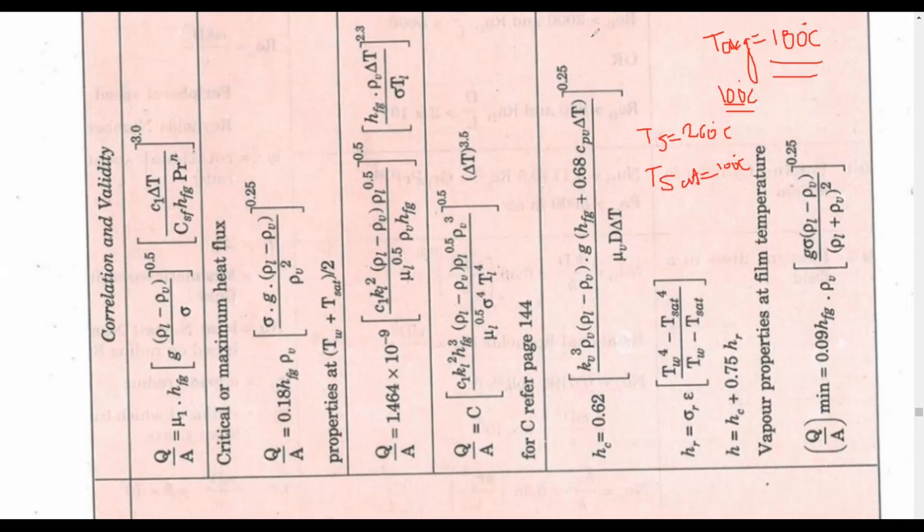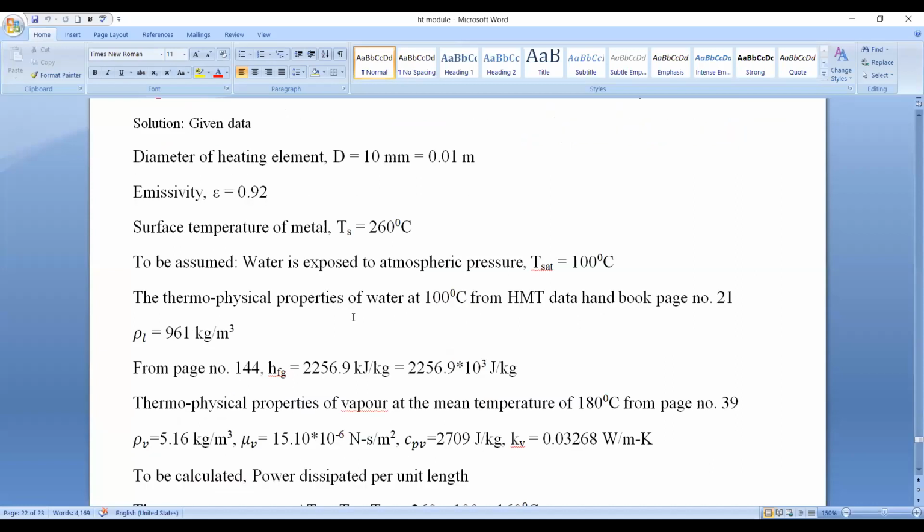Okay, now let's go to the main sheet. The thermophysical properties of water at 100 degrees centigrade are in the heat and mass transfer data handbook, page number 21.